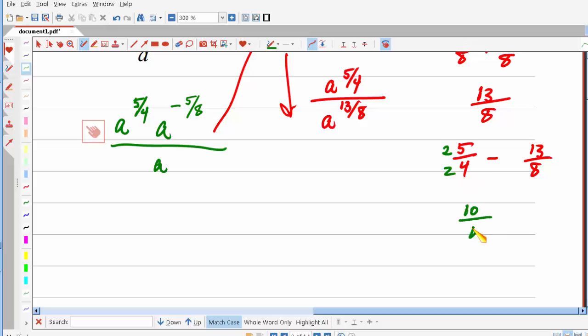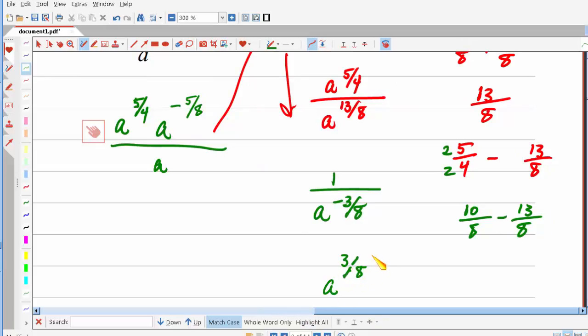I get 10/8 minus 13/8. That's -3/8. 10 minus 13 is -3/8. So what happens there? I end up with 1 over a to the -3/8. And that is just a to the 3/8.